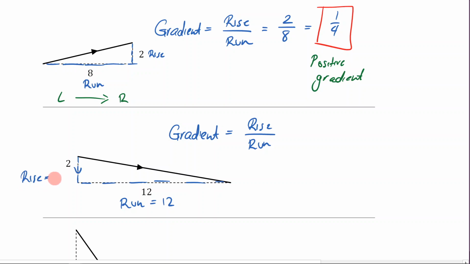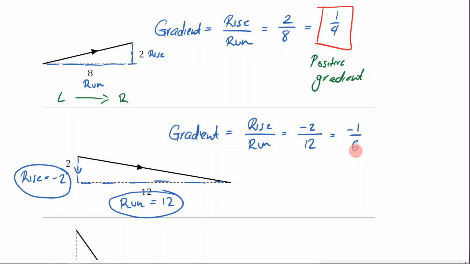My rise is -2, my run is 12, because it's going down. So that means I'm going to get -1 on 6. Do you see how that makes sense?